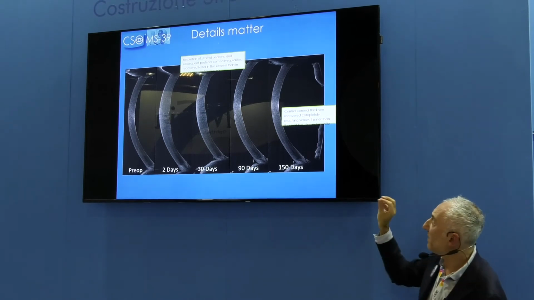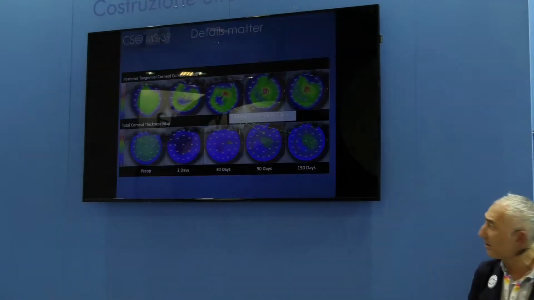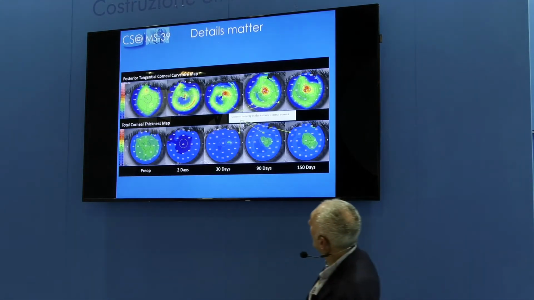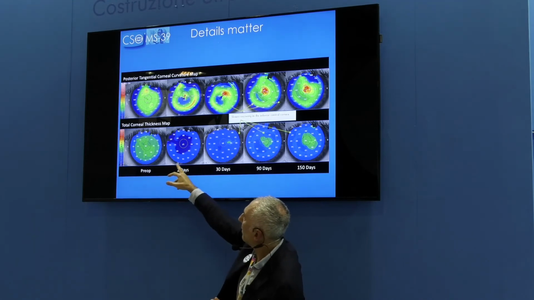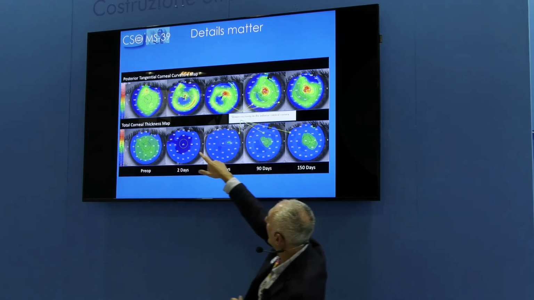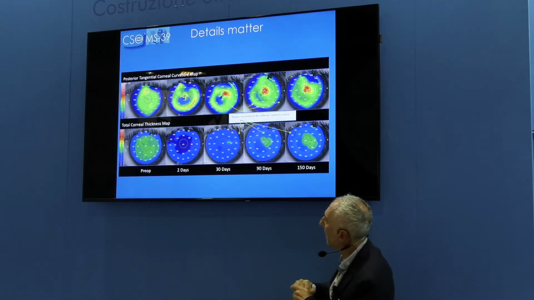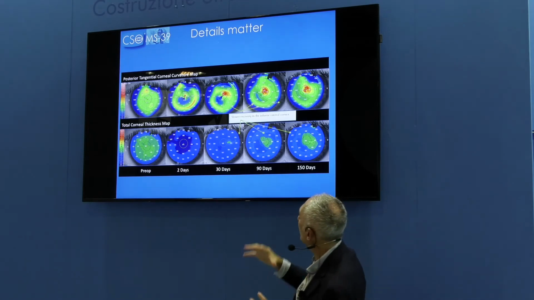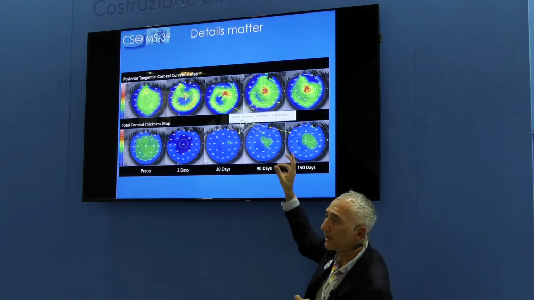But it's interesting because with the instrument we can have very detailed information about it. You see, this is the sequence, the total corneal thickness and the posterior curvature, and you can see how in the area of the central cornea the recovery was not the same in all areas.